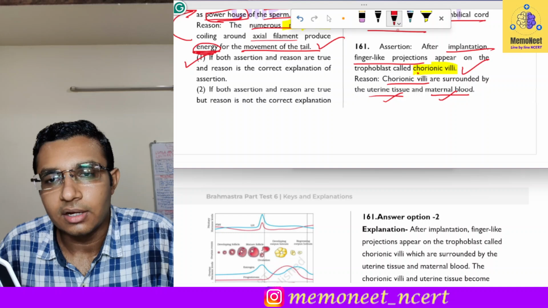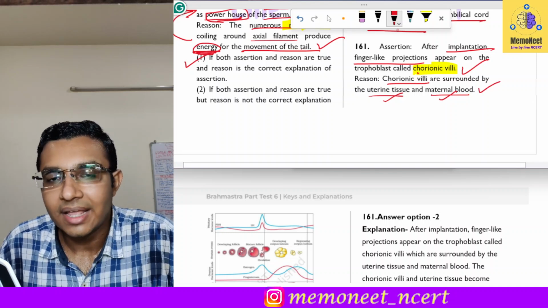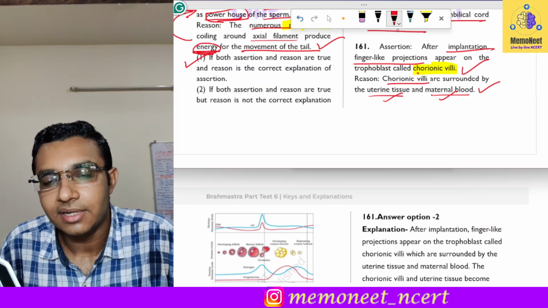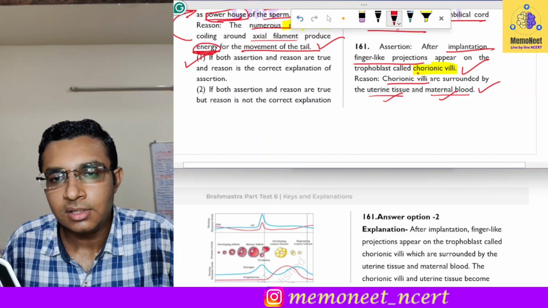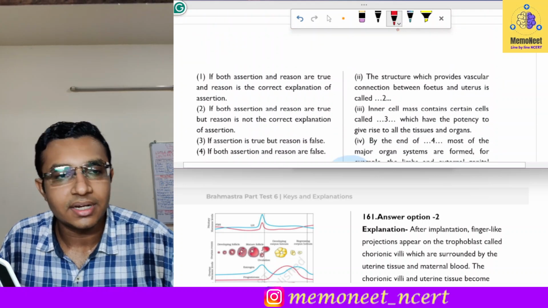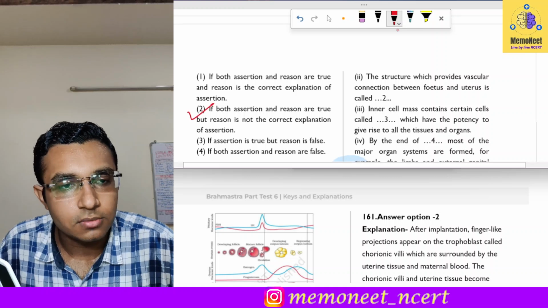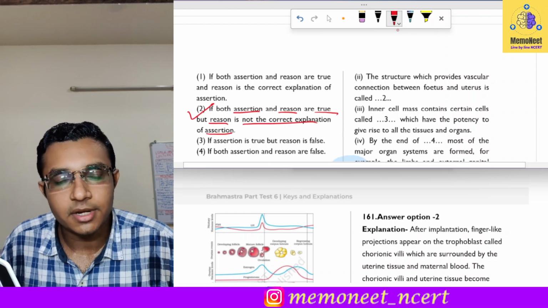So the assertion is correct and the reason is also correct, but the reason is not explaining the assertion that why after implantation the chorionic villi appear. So the reason is not the correct explanation of the assertion. So here the correct answer of this question will be option 2, that is both assertion and reason are true but the reason is not the correct explanation of the assertion.